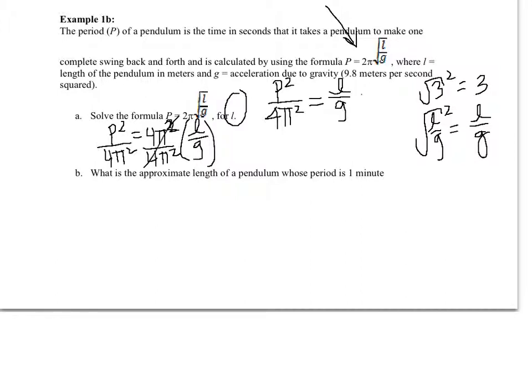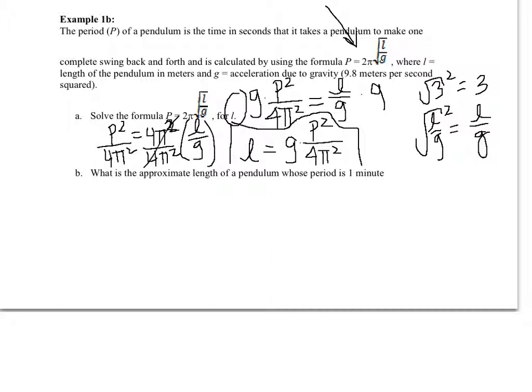So we're going to multiply both sides by G. So we would say L, that's what we want, equals G times p squared over 4 pi squared. And that's our final way to write the formula P equals 2 pi times the square root of L over G in terms of L.